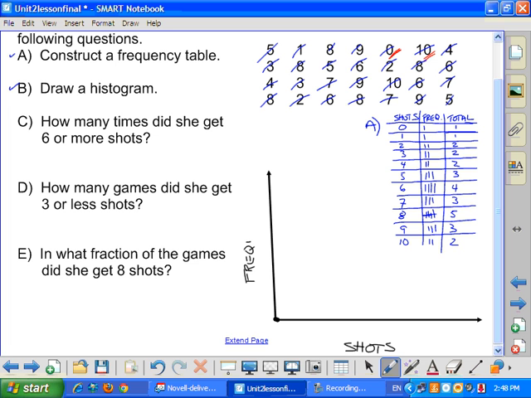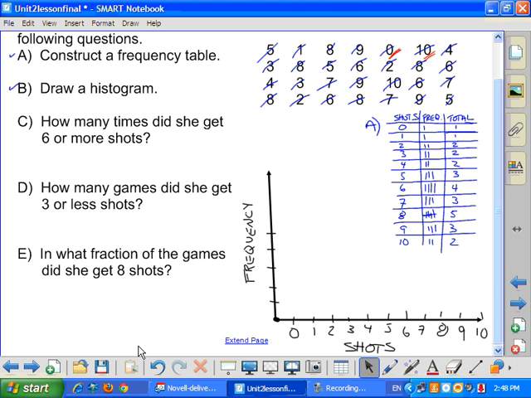So frequency always goes on this axis. We call it the y-axis. And I got to go all the way up to 5. So 1, 2, 3, 4, 5. 0, 1, 2, 3, 4, 5, 6, 7, 8, oh, close, 9, 10.